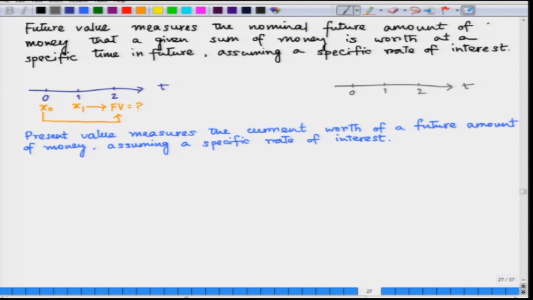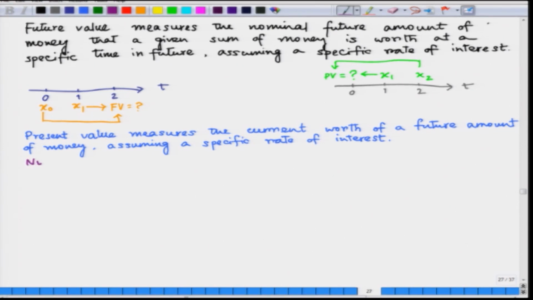And now if the consumer is about to receive x1 units in period 1 and x2 units in period 2, then the pertinent question is what is the present value of these income streams to the consumer in period 0. So, again this x2 and x1 will contribute to the value of PV through the method of discounting.